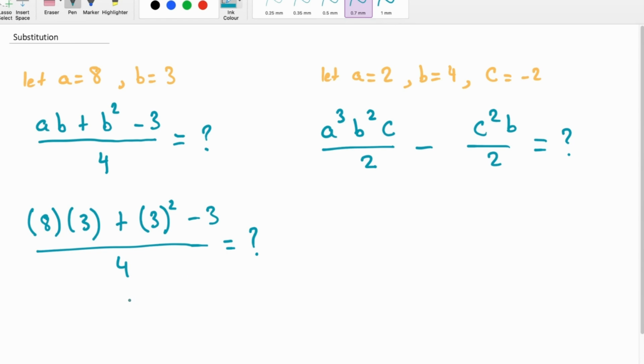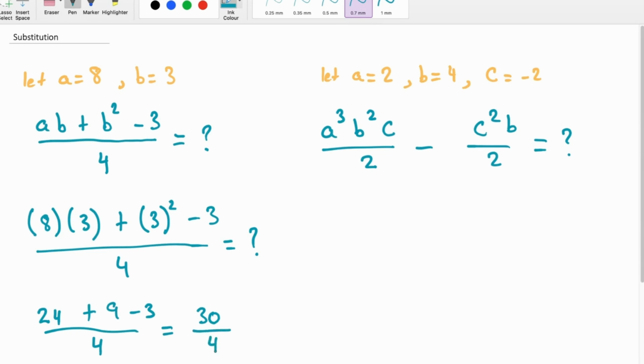Okay, now let's simplify that a little bit further. 8 multiplied by 3 gives us 24, plus 3 squared, that is 9, minus 3, all over 4. Let's simplify even further. 24 plus 9 gives us 33. 33 minus 3 gives us an answer of 30.